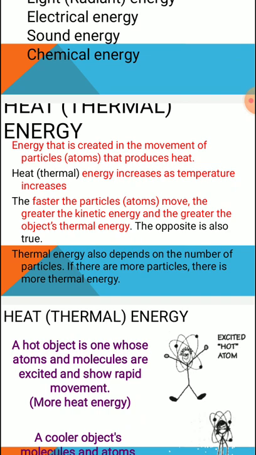Heat is energy created by the movement of particles. When particles or atoms move with a certain velocity in their surroundings, the motion produces heat. Heat, or thermal energy, increases as the temperature increases.